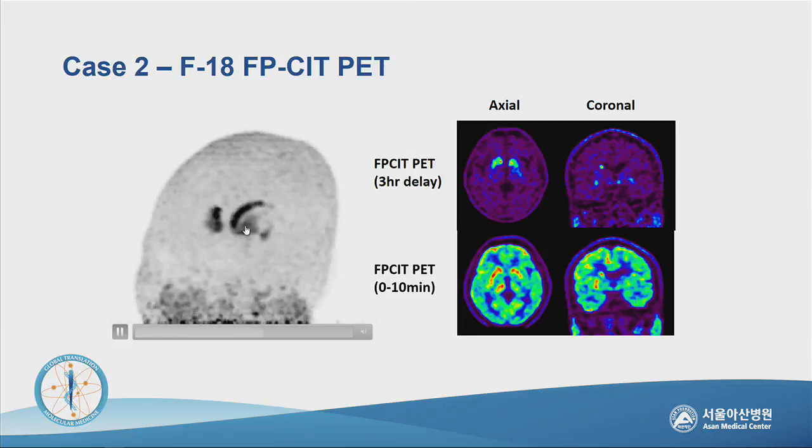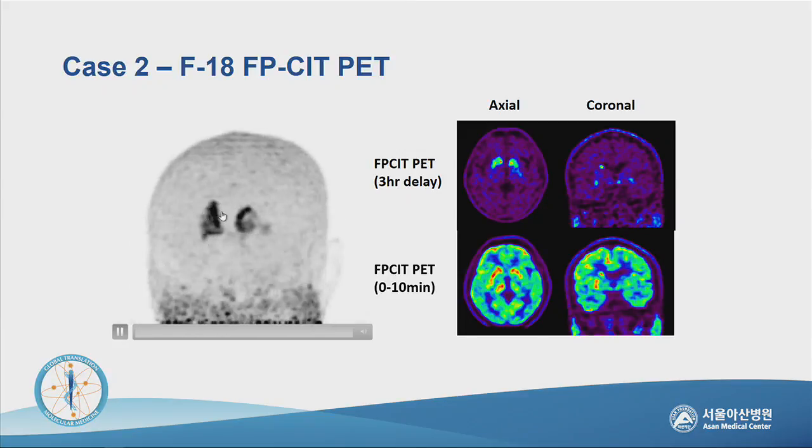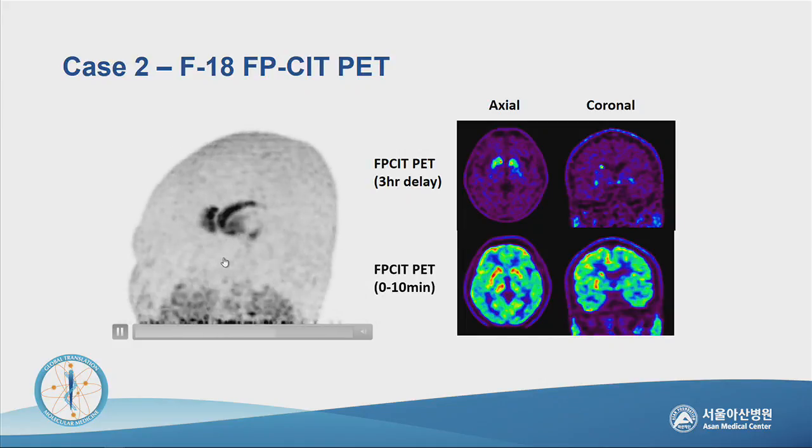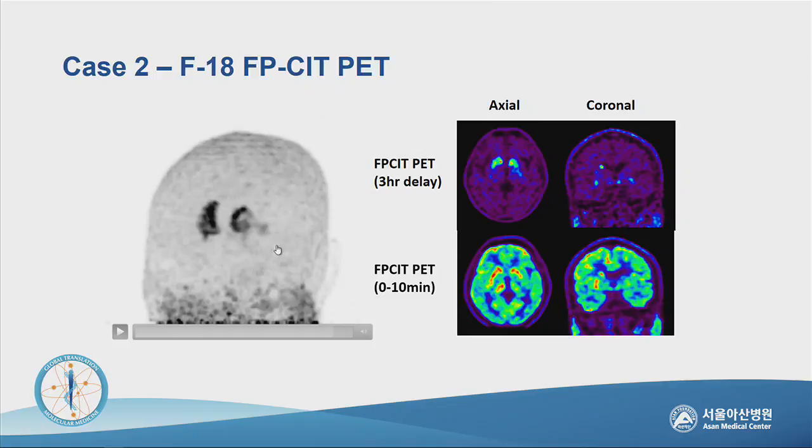In the MIP image, the right putamen shows a typical PD pattern, but the left striatum shows abruptly decreased caudate and putamen uptake. It's not a typical PD pattern. In the early perfusion phase image, the right putamen shows normal uptake, but the left posterior putamen shows decreased uptake, and in the coronal image, the caudate and putamen show decreased uptake. It's not a typical PD pattern.